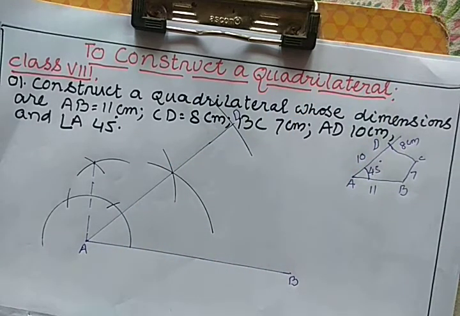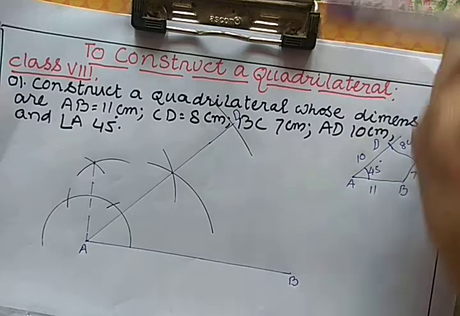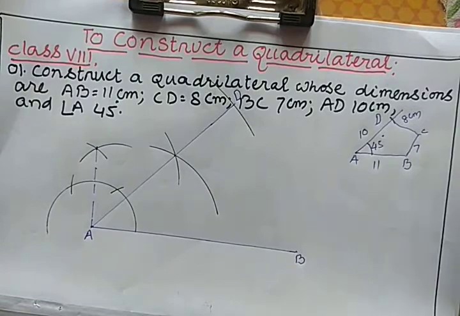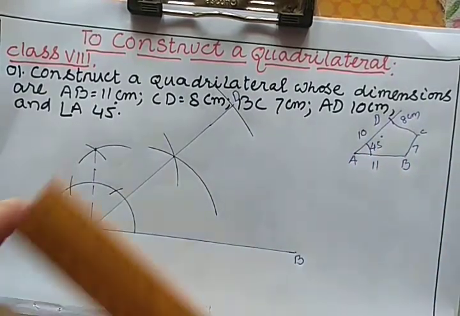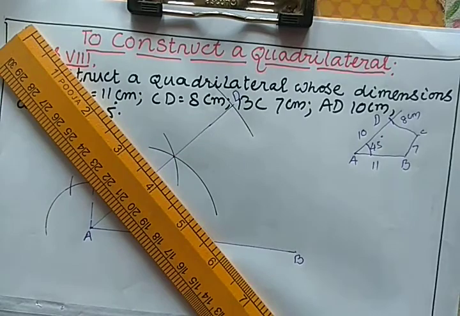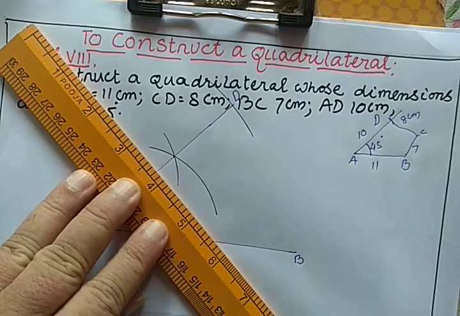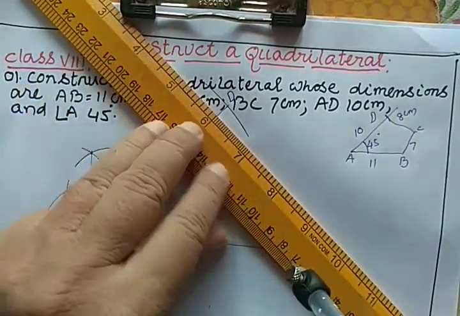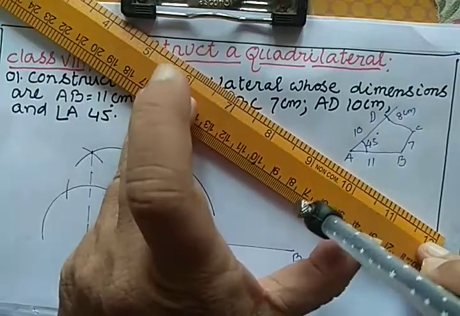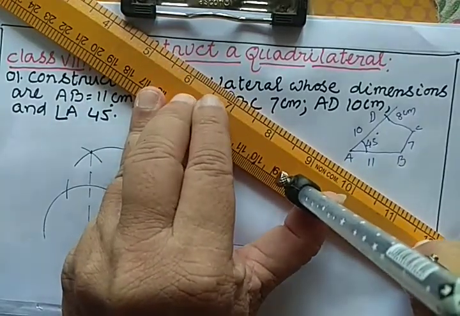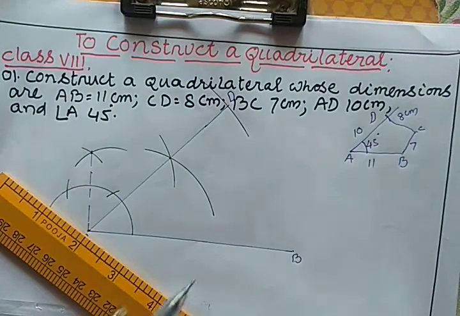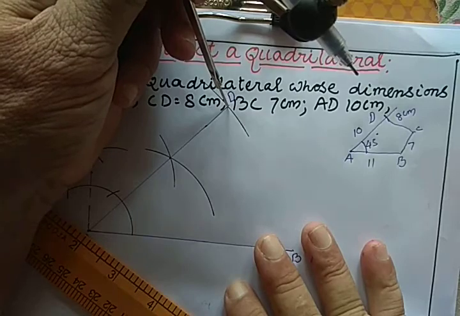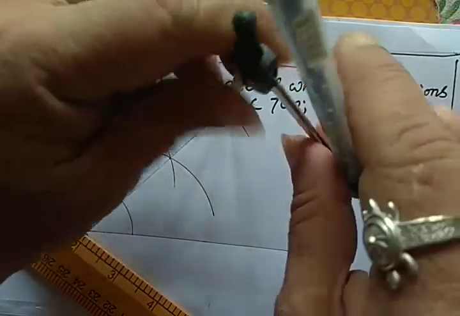Now your CD is given 8 centimeters. So again I measure 8 centimeters. Clear? So from D, I have to take one arc of 8 centimeters.